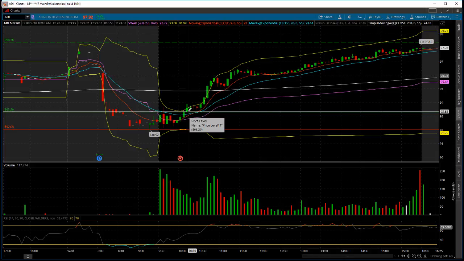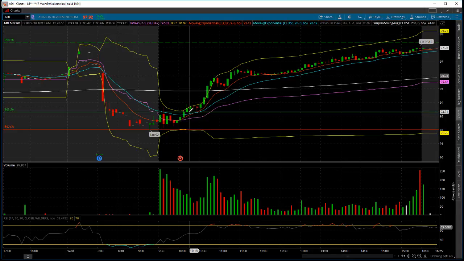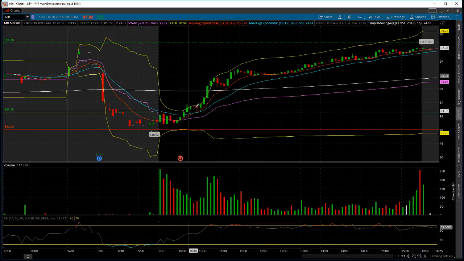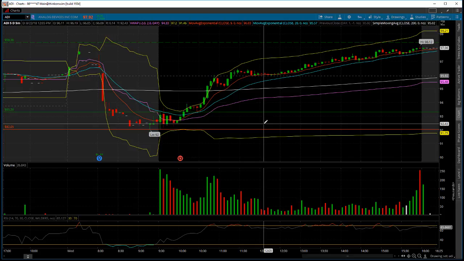now we have to look at, okay, where are we going to enter on the break, which could still be ideal. We could enter on the break right here at 93.37. But now we need to figure out where our profit target's going to be.